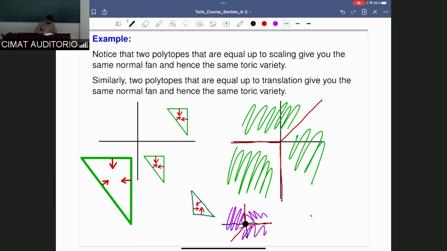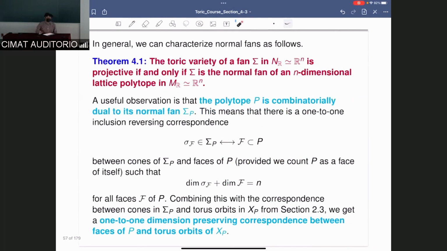Very good. So now, why are we looking at this type of fans? Why are we looking at the fans that arise from polytopes? So the answer is that those ones correspond to projective toric varieties. Remember, we have normal as an assumption in our toric varieties.